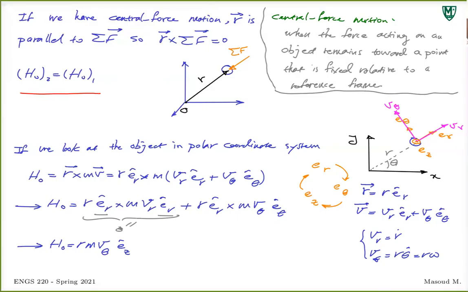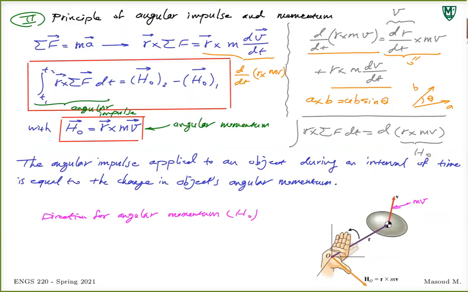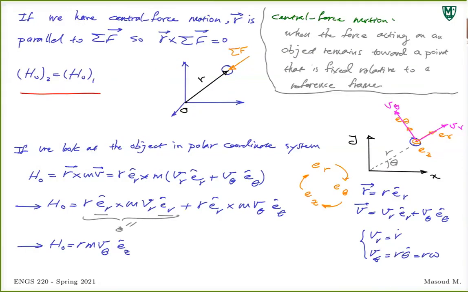With the right-hand rule, going from ER to E theta, your thumb shows the direction of angular momentum coming out of the screen. What we got here is aligned with that. If you're in the X, Y plane, what is coming out of the screen would be your EZ, and that's your Z direction, even in your Cartesian coordinates. So this is what we're trying to get to.